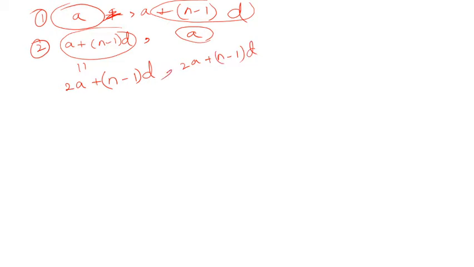So what this proves is that students, take any term from both arithmetic progressions, the sum of them will always be equal to 2a plus n minus 1 into d.